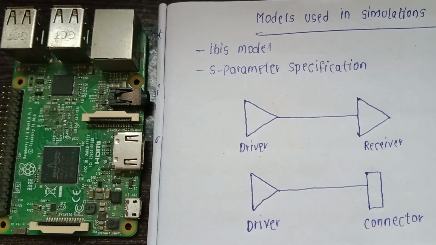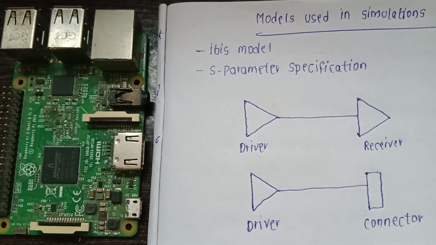So there are many aspects associated with it. Designers rely on signal integrity simulation tools to perform analysis of high-speed designs, and based on that, several actions will be taken.